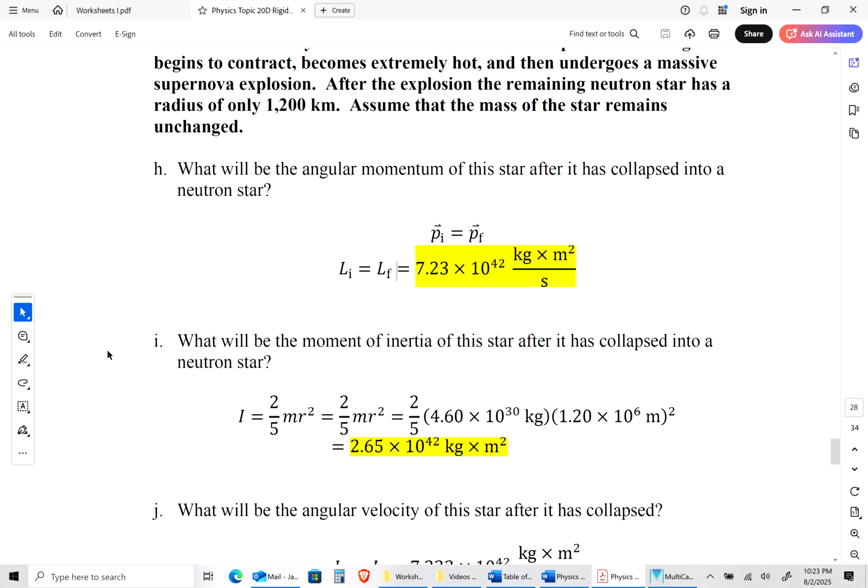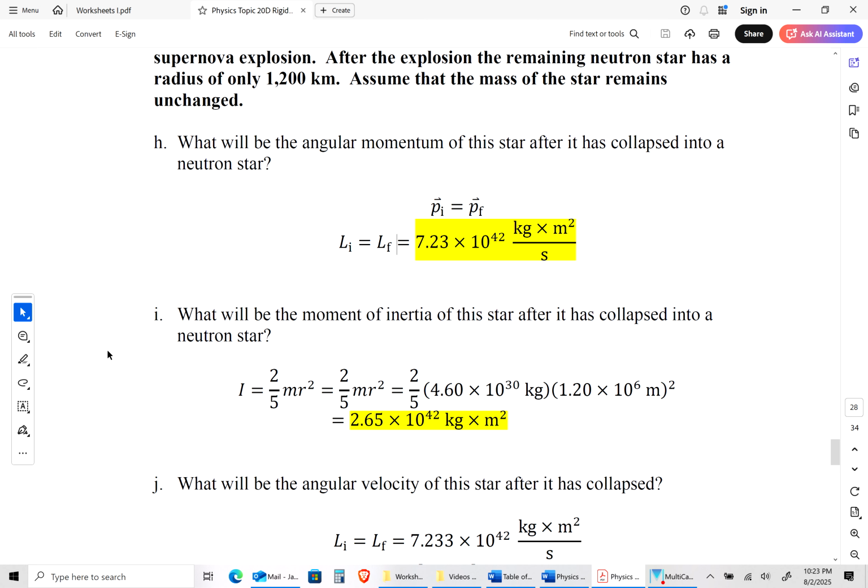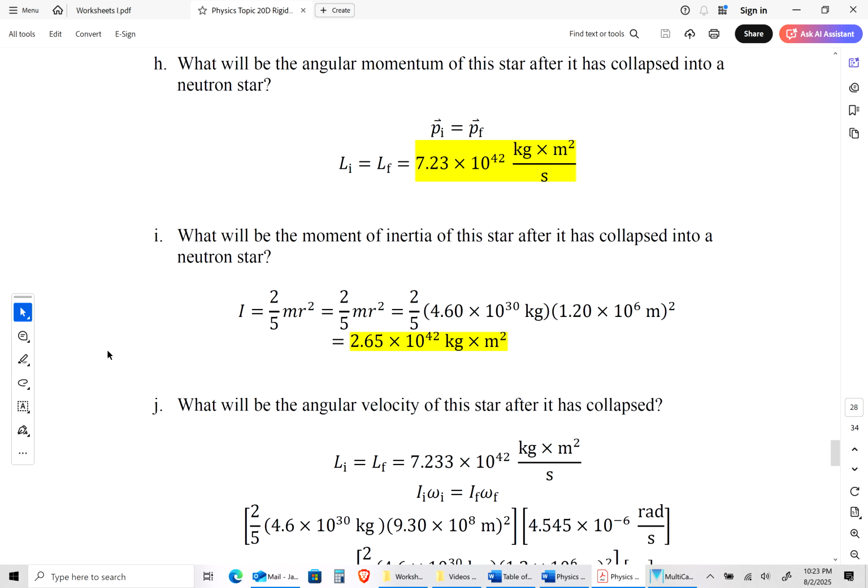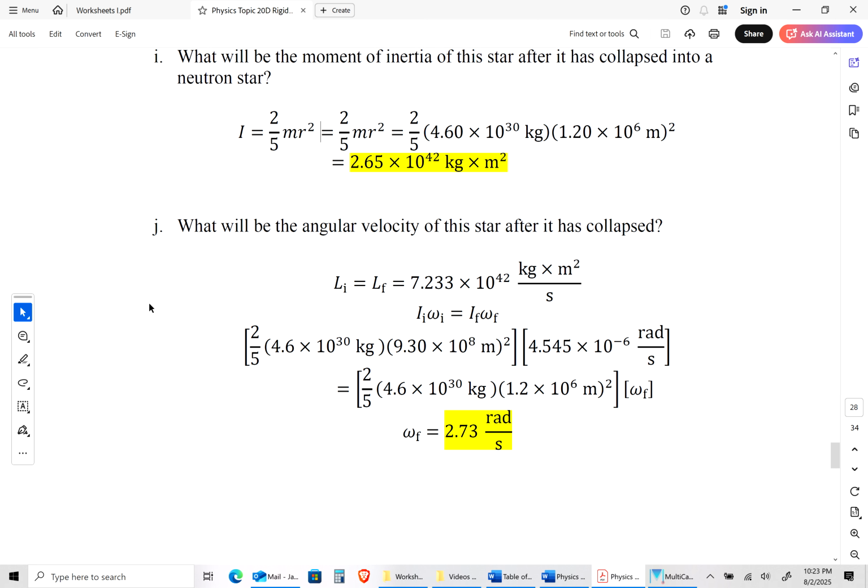Part I, what will be the moment of inertia of the star after it has collapsed into a neutron star? Moment of inertia of a sphere is 2/5 mr squared. Part J, what will be the angular velocity of the star after it has collapsed? Once again, angular momentum initial equals angular momentum final.